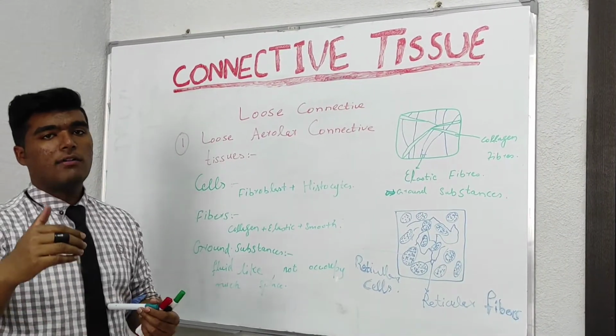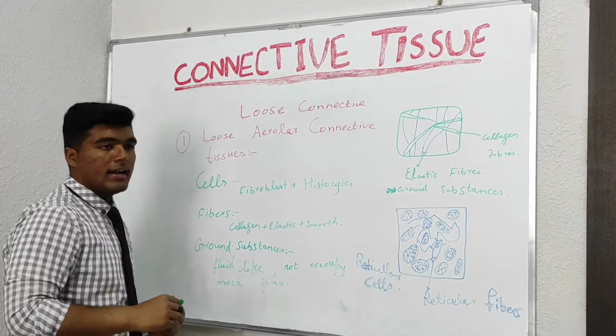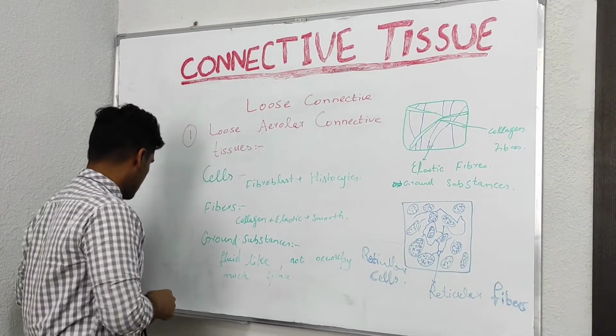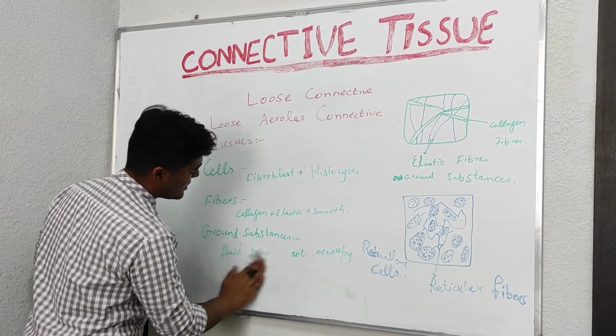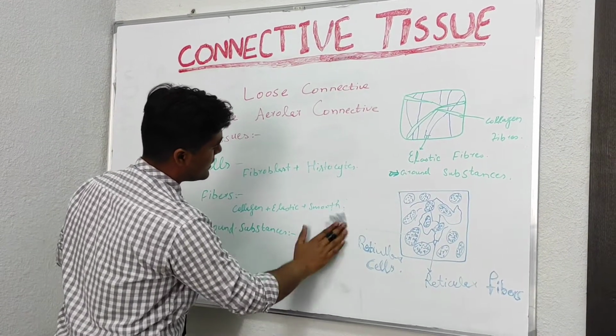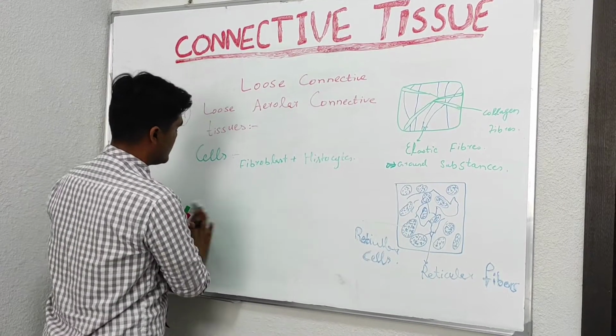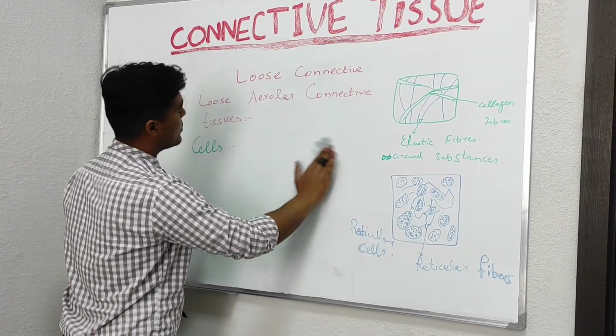Examples are our subcutaneous tissue and subdermal fascia. Subcutaneous tissue is an example of loose areolar connective tissue, and superficial fascia is also an example of loose areolar connective tissue.